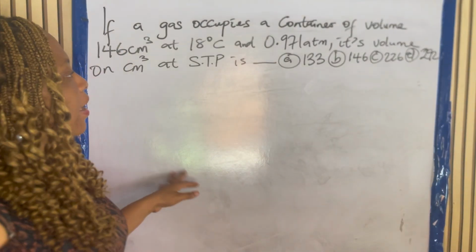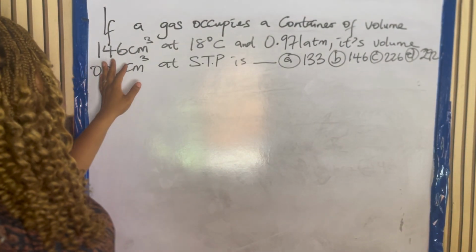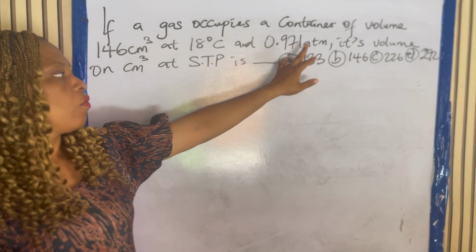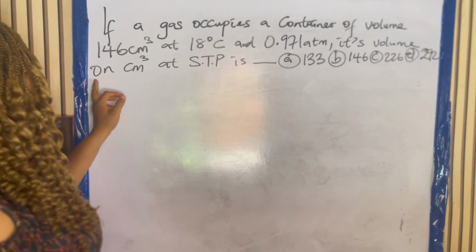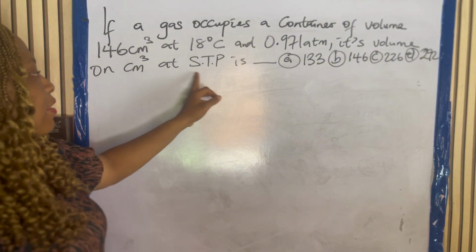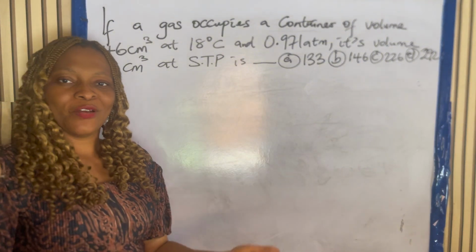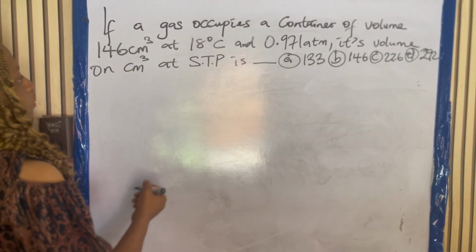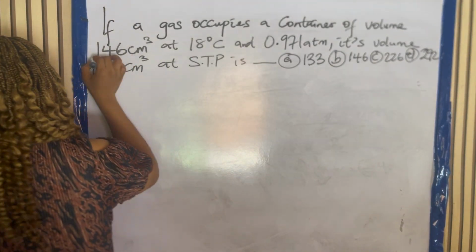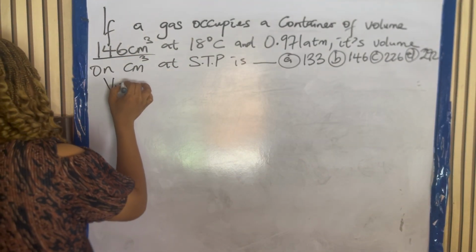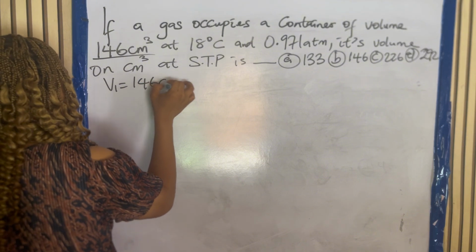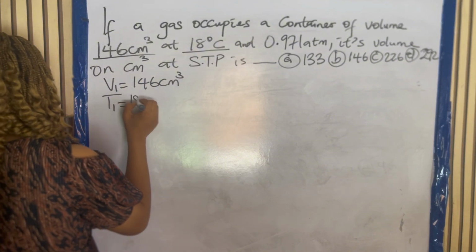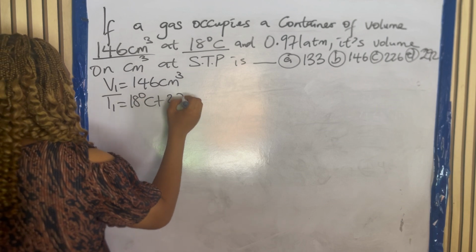If a gas occupies a container of volume 146 cm cube at 18 degrees Celsius and 0.971 atm, its volume in cm cube at STP is what? Very simple. Let's solve. Write out our parameters. V1 equals 146 cm cube, T1 equals 18 degrees Celsius plus 273.